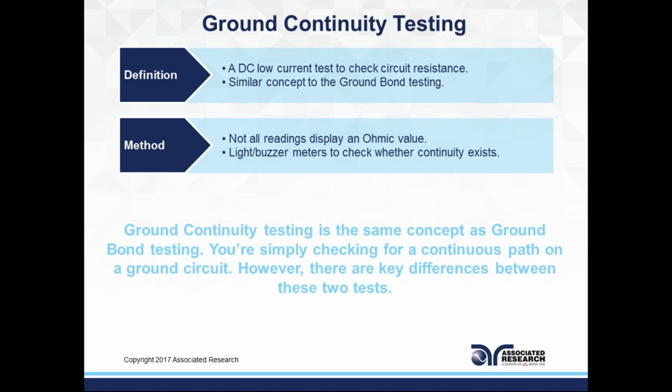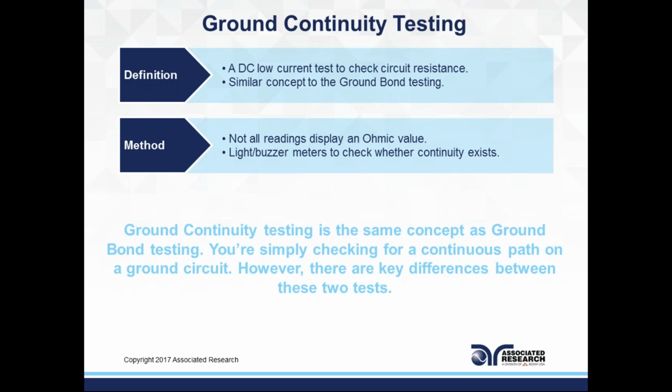The next time somebody comes in contact with it, this creates a potential shock hazard condition. The methods, as I described earlier, are a light or buzzer combo. A light or buzzer that goes off indicates continuity, which is sufficient for a continuity test.